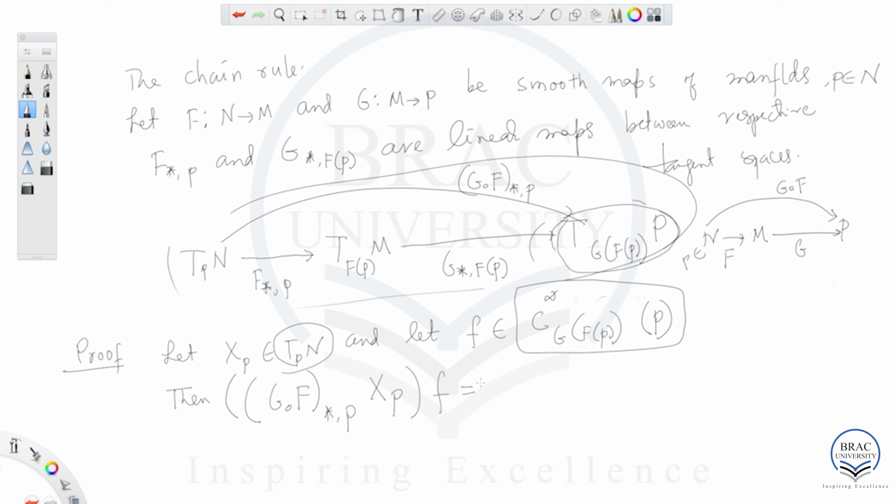From the definition of the differential, this is equal to x sub p acting on f composed with g composed with big F.